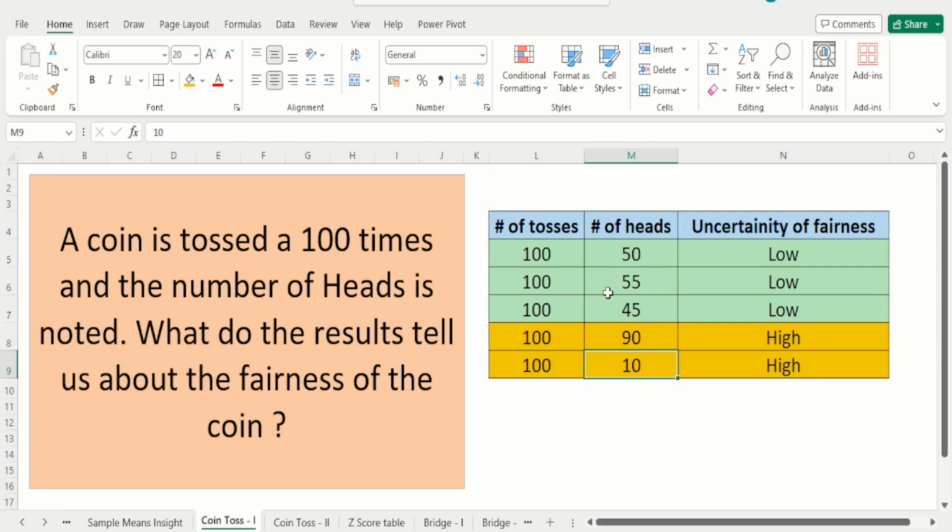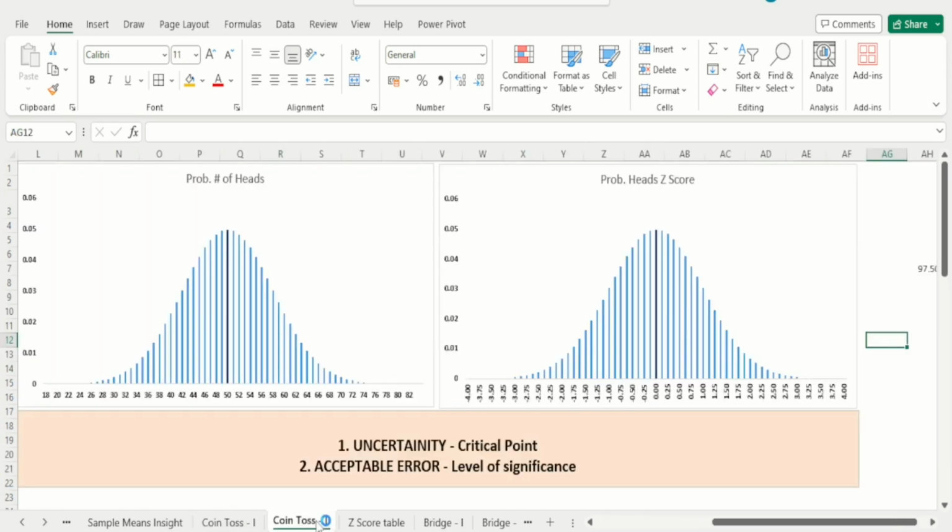So this is one important thing to understand and bear in mind about the significance testing that we are looking at. With that at the back of our minds, let's go on to the next thing we want to understand. Here you have a graphical representation of the same thing we were discussing on the previous page: if you were to toss a fair coin 100 times, you would expect about 50 of those tosses to give you heads.